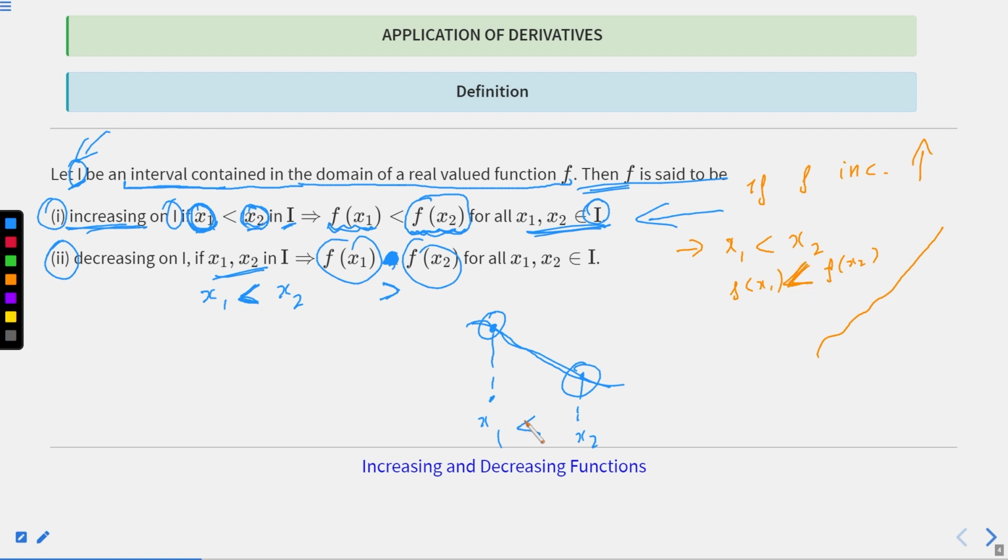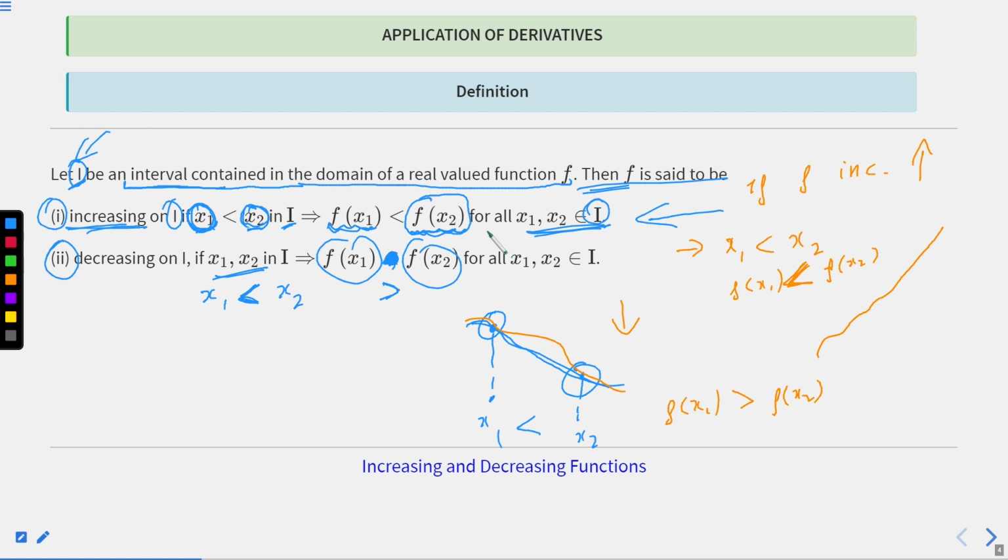But decreasing means downward, decreasing means fall. So if you pick x1 less than x2, then for f of x1 and f of x2 in decreasing functions the inequality gets reversed, as you can see. Okay, clear? So far so good. I hope this point is very clear to you, that when do we say our function is increasing, and when do we say our function is decreasing.